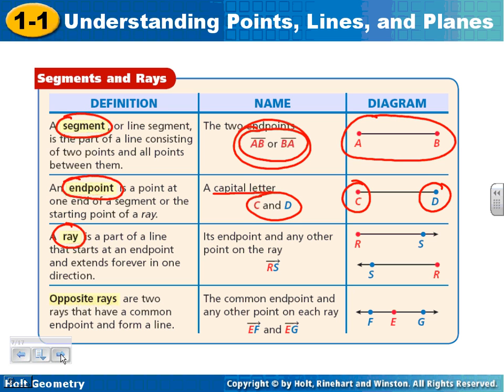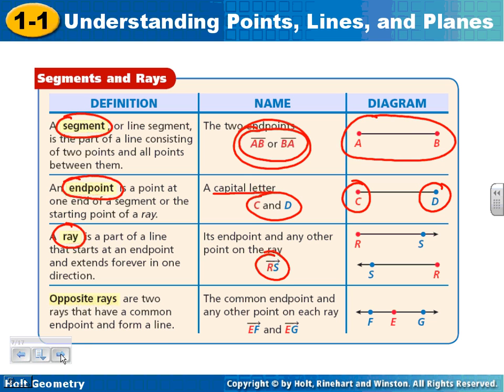The middle box says its endpoint and any other point on the ray, meaning like this. That's how you name it. You name its endpoint and any other point on the ray. Notice the arrow right above RS only has one arrow on it. It's just going to the right. RS.